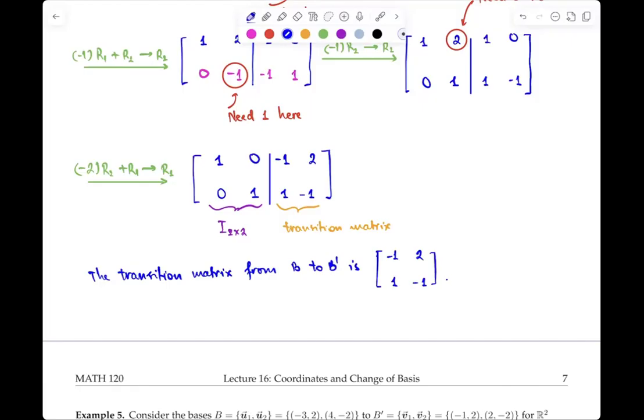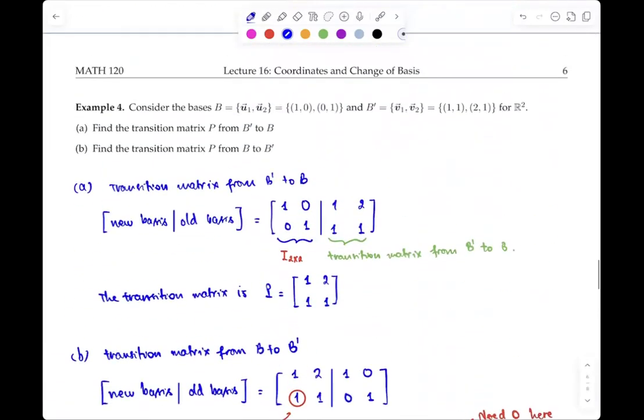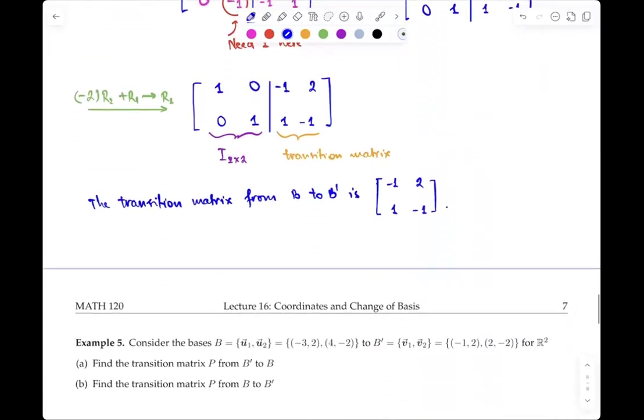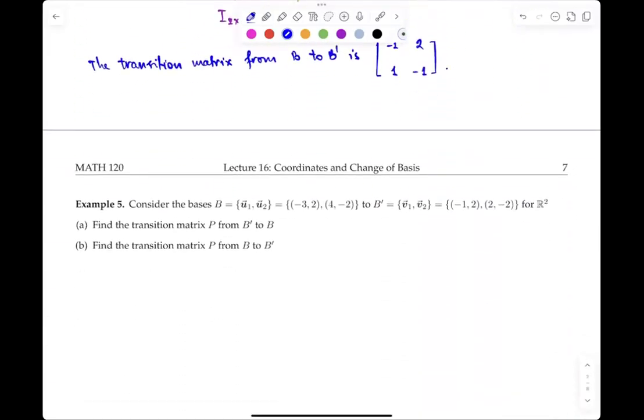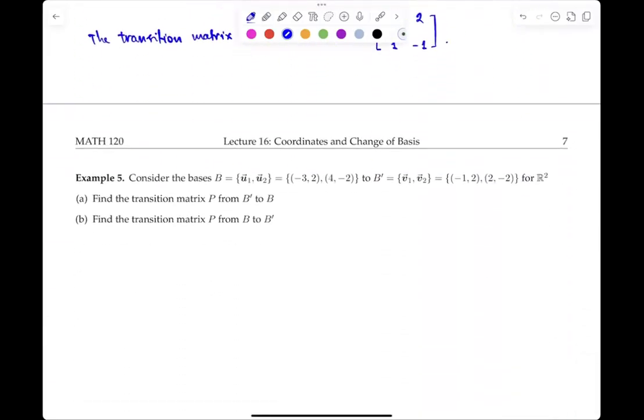Okay, so that's one example on how to find the transition matrix from one basis to another basis. And the bases we have here are in two-dimensional vector space. Now we're going to move on to a different example on two different non-standard bases.